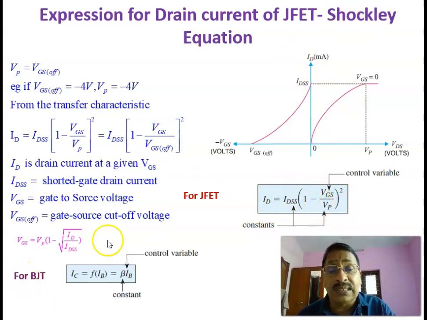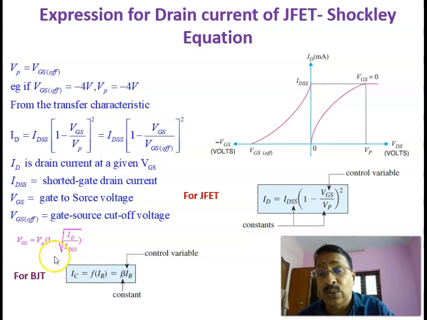And from this equation, you can derive another equation. 1 minus VGS by VP all square equal to ID divided by IDSS, or 1 minus VGS divided by VP equal to square root of ID divided by IDSS. Or we can calculate VGS from this equation: VGS equal to VP into 1 minus square root of ID by IDSS.